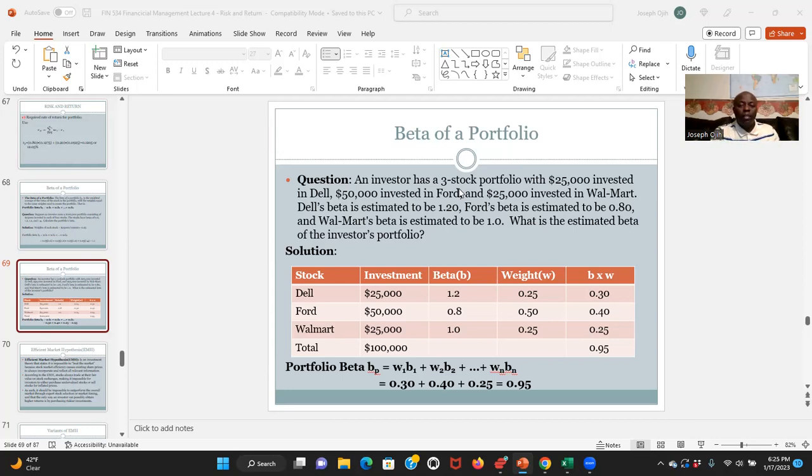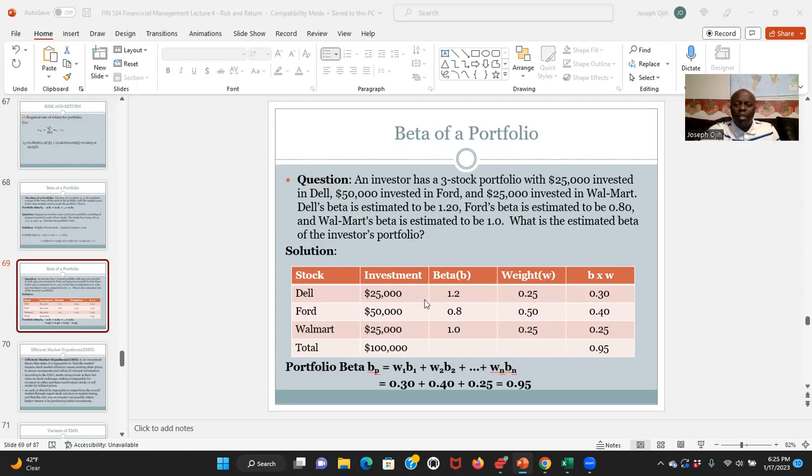Dell's beta is estimated to be 1.20, Ford's beta is estimated to be 0.80, and Walmart's beta is estimated to be 1.0. So what is the estimated beta of the investor's portfolio?